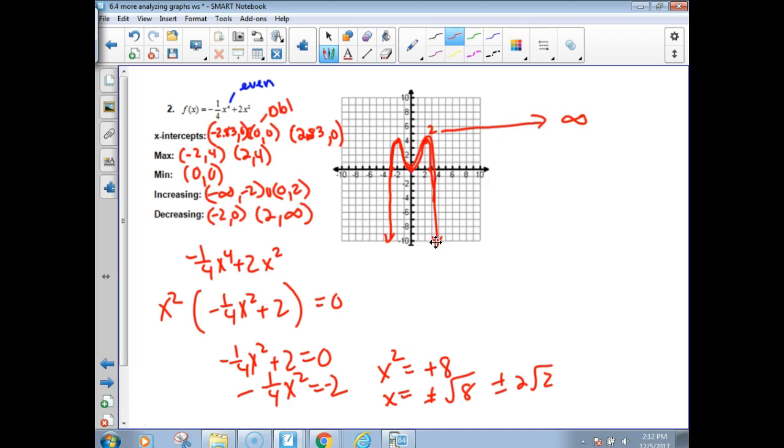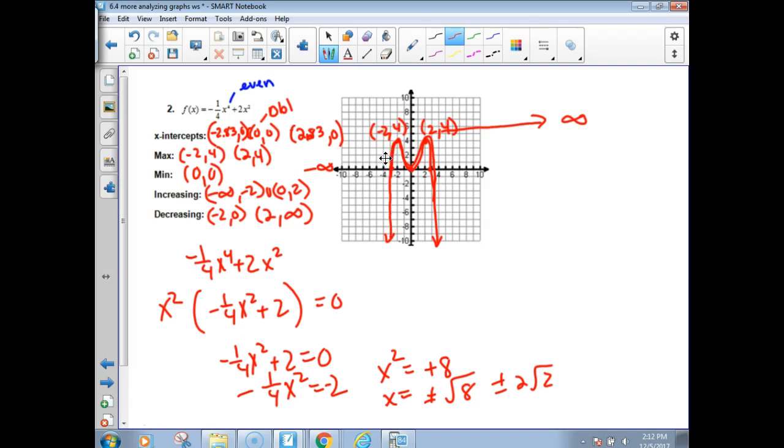The graph is decreasing. This is not the same as y behavior. I'm talking about x intervals. So that's why I'm going to these x points. This was negative 2, 4. This was positive 2, 4, right? We're going from negative infinity to negative 2. The graph is increasing.